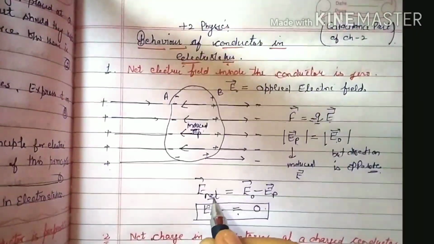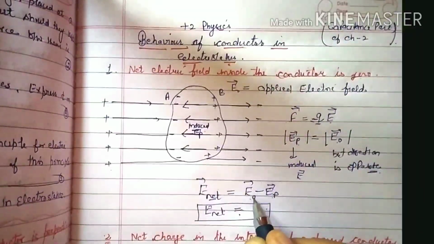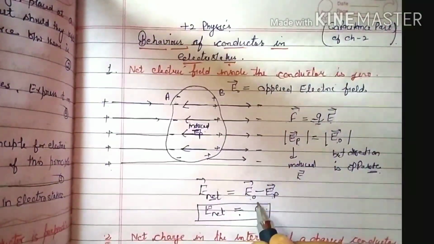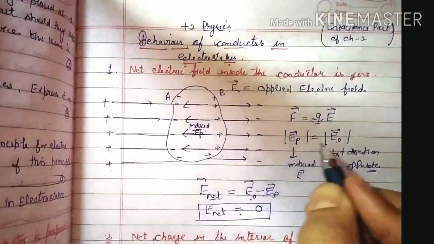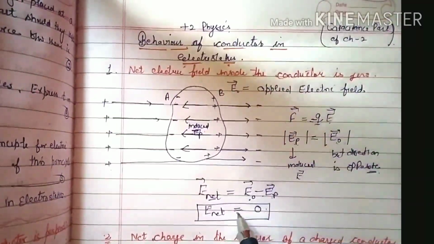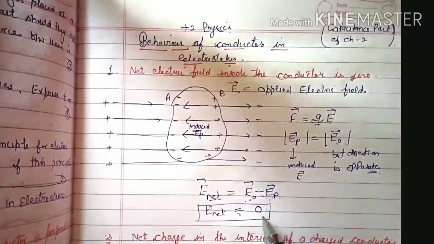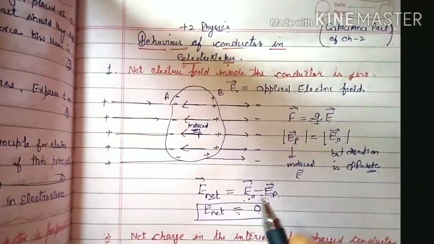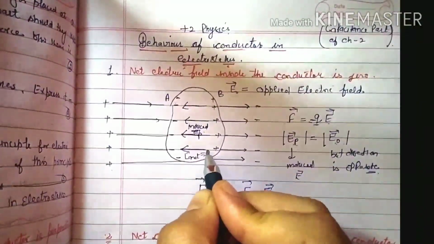Writing the net electric field as E naught minus EP, with EP equal to E naught, when we put this value here, E naught minus E naught becomes equal to 0. So the net electric field inside the conductor is 0.